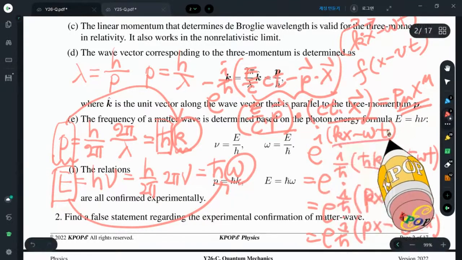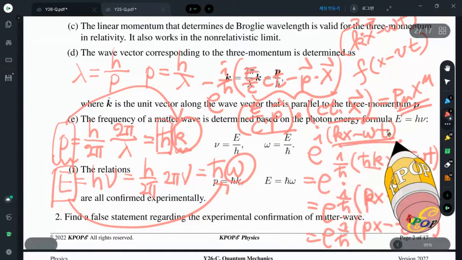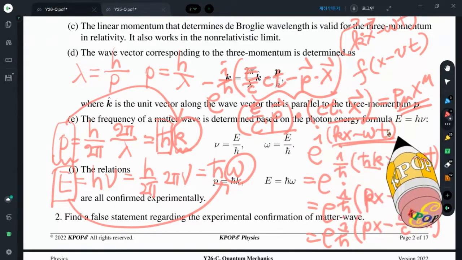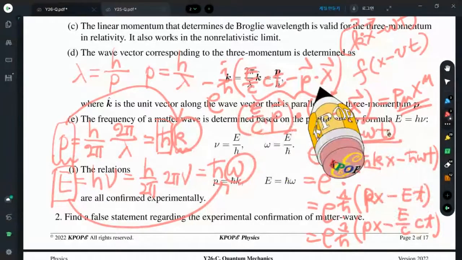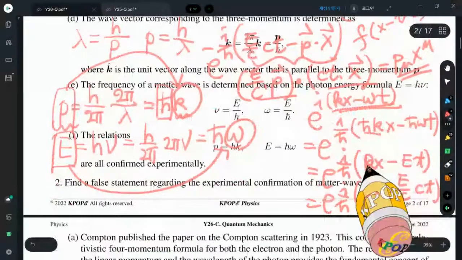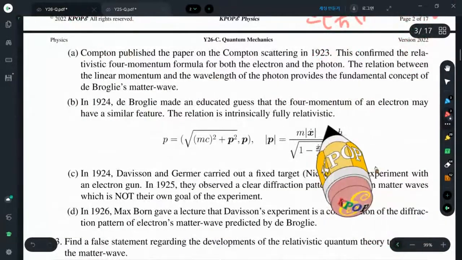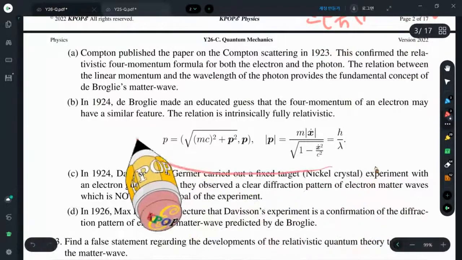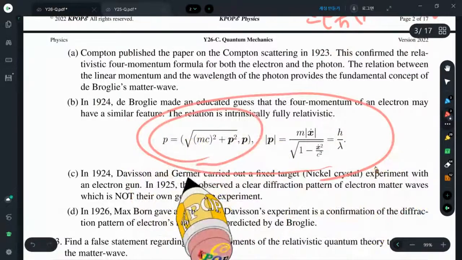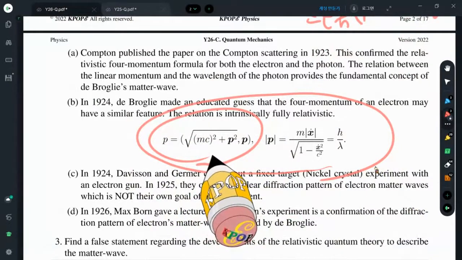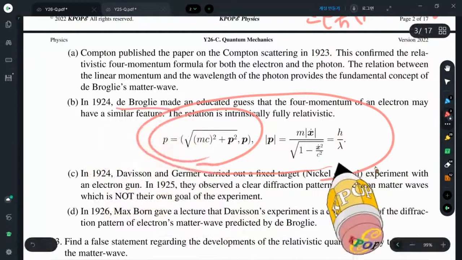Actually, what we learned for the wave from the non-relativistic theory was completely a Lorentz invariant quantity in relativity. So this relativistic notation for momentum is used to construct the de Broglie wavelength.